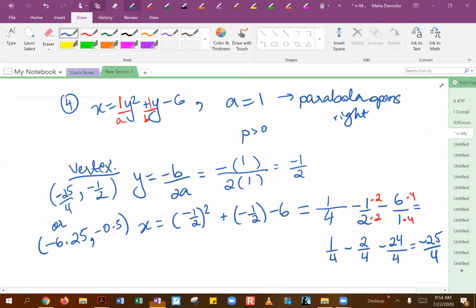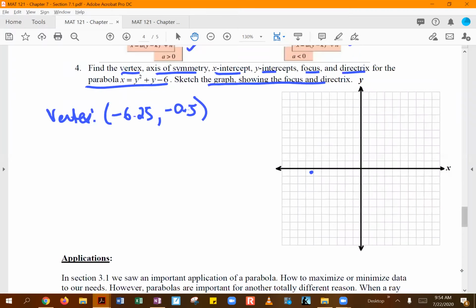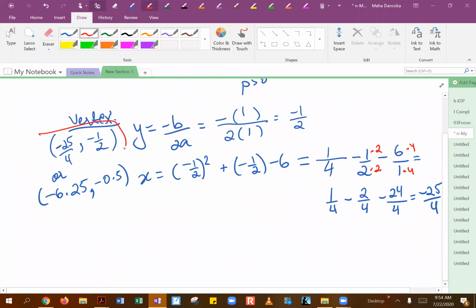Now, when we talk about axis of symmetry, remember your axis of symmetry is now a horizontal line which passes through y equals, again, the -b/2a. So after you have found your vertex for the axis of symmetry, we are going to use the same calculation of y equals -b/2a.